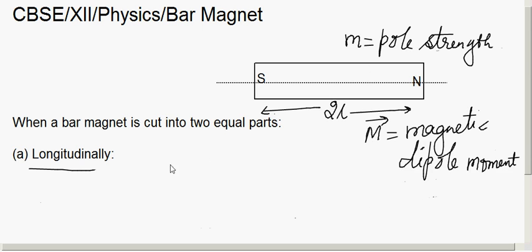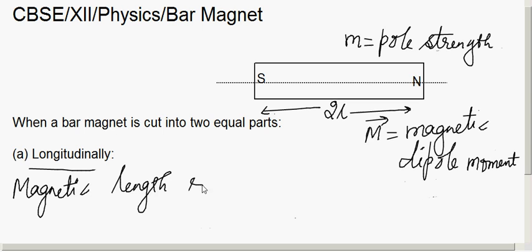Now when you cut longitudinally, as you can see from this figure, the magnetic length remains the same. But what happens to the magnetic pole strength? The pole strength becomes half.